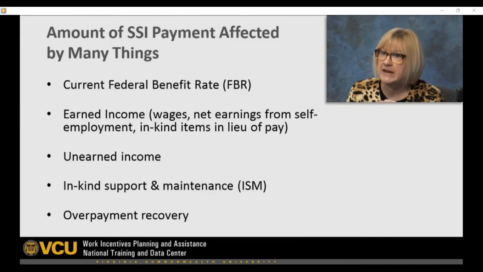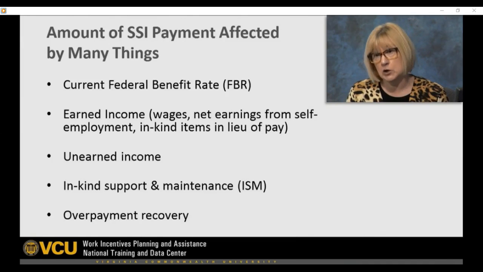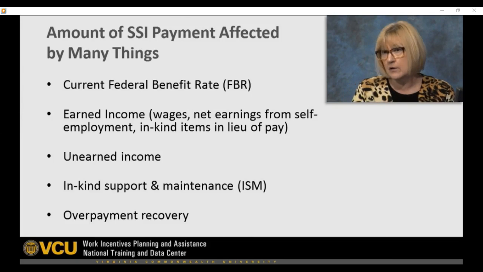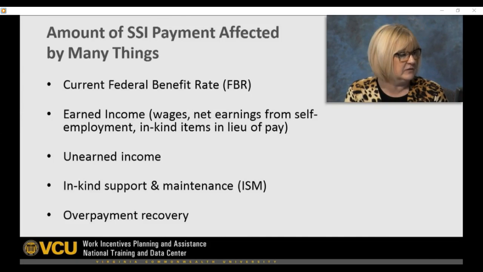And that FBR figure changes typically every year, not always, but most years it goes up. We're not going to include those amounts in the lecture, but those figures are provided for you in the lesson readings and or the supplemental readings. So if you're interested in finding out what is this year's FBR, what was last year's, that information is provided for you.